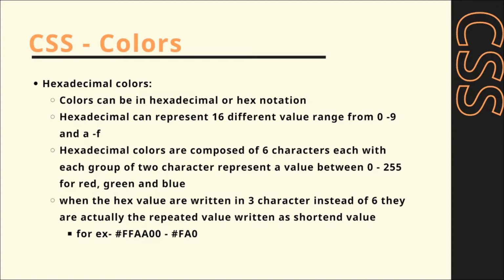As I have told, these 6-digit hexadecimal values are grouped into pairs of 2 characters, and these 2 characters define a value in the range between 0 and 255 for red, green, and blue.